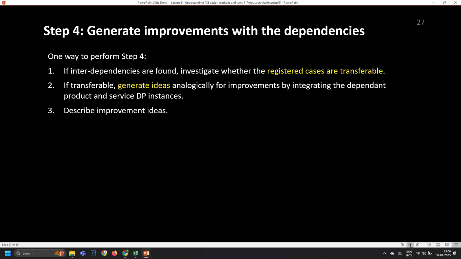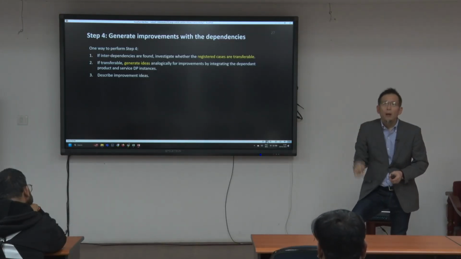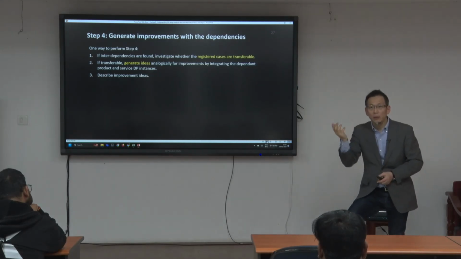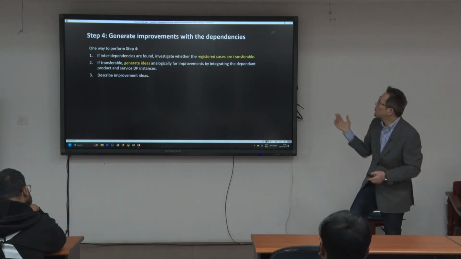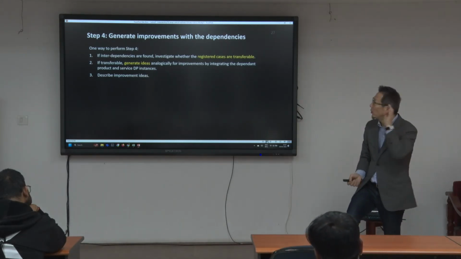The registered cases are described on a different sheet. It's quite a big sheet, but you can read them. And actually, the 11 examples that I have explained are from those cases. So you could use the 11 cases as a reference also.